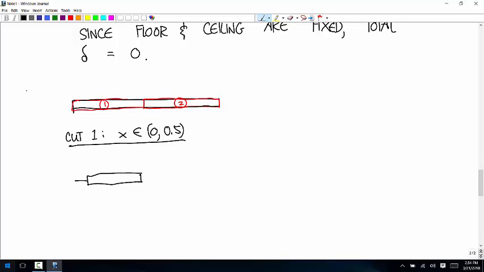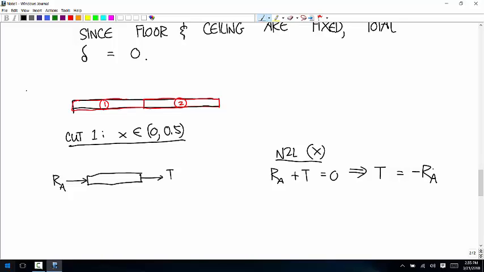So the loads we have are RA. We haven't gotten to the 20,000 yet, so then we just have that internal load T. Newton's second law in the x direction says RA plus T is equal to 0. So that internal load T is equal to negative RA.